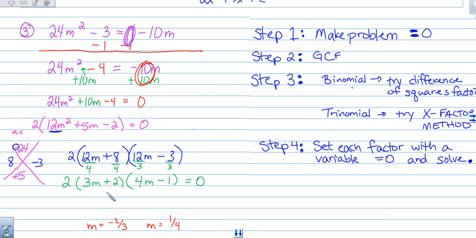Because 3m plus 2 equals 0, subtract 2, and you get 3m equals negative 2, and then you divide by 3, so you get negative 2/3. And then 4m minus 1 equals 0, plus 1 plus 1, and you get 4m equals 1, and you divide by 4, and you get 1/4.